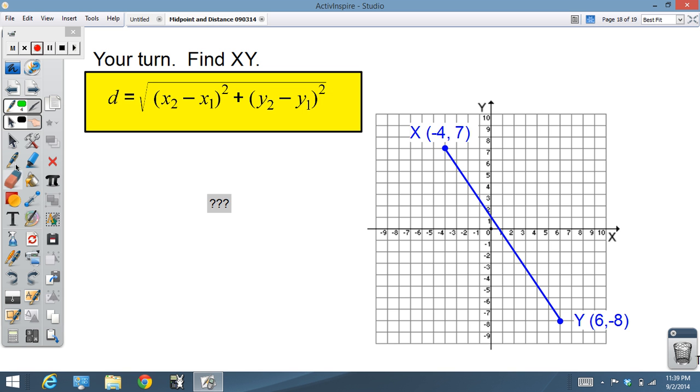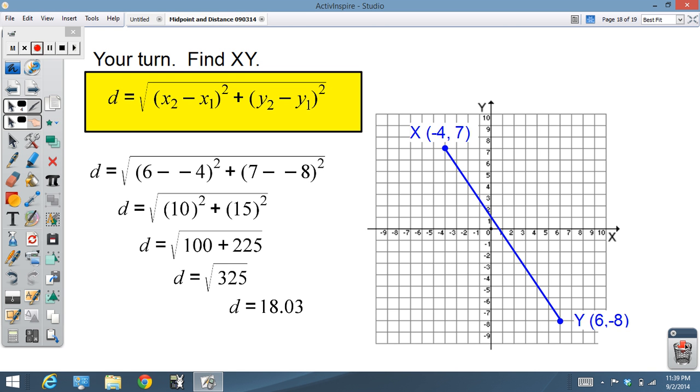Hit pause. Hit go when you're ready. What you find out, 6 minus -4 gives me my difference in my x values, or it gives you the line right here.